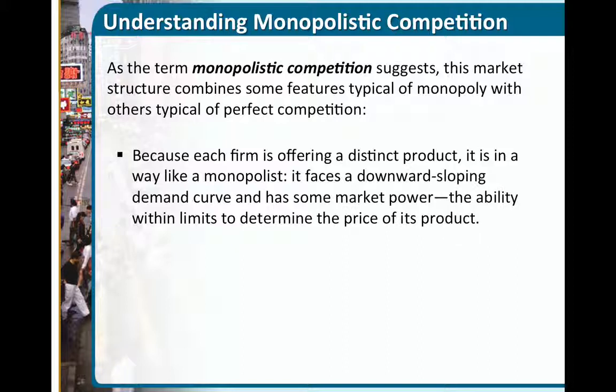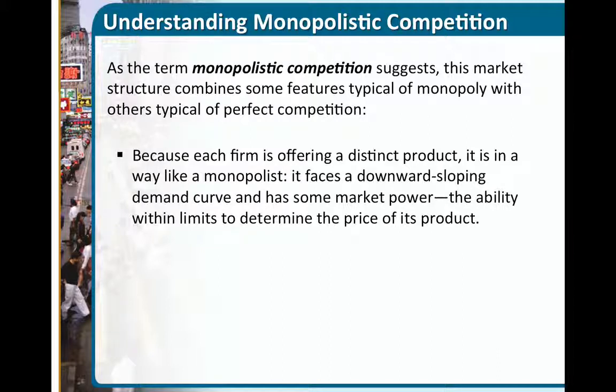There are some features that are typical of a monopoly, even though monopolistic competition is different. Primarily, in a monopolistic competition market, there is a downward sloping demand curve, and marginal revenue is lower than price.